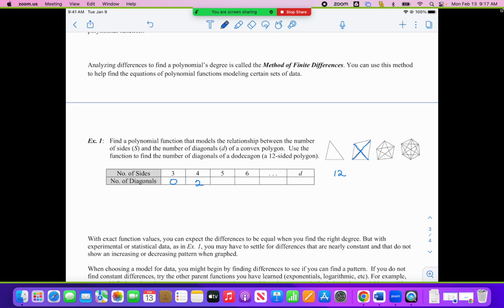Okay, so right now I want you to find out how many diagonals are in the pentagon, how many diagonals are in a hexagon that are drawn, then kind of continue the pattern until you see you would get a 12-sided polygon, which is called a dodecagon.